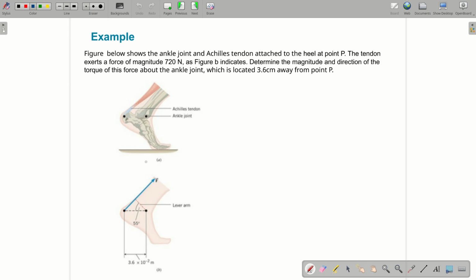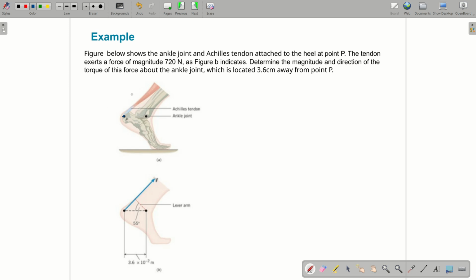Here's an example of a torque applied to a biological situation. We always apply this torque to our ankle, actually. The figure below shows the ankle joint and the Achilles tendon attached to the heel at point P. At point P, the tendon applies a force, and it actually helps us walk.